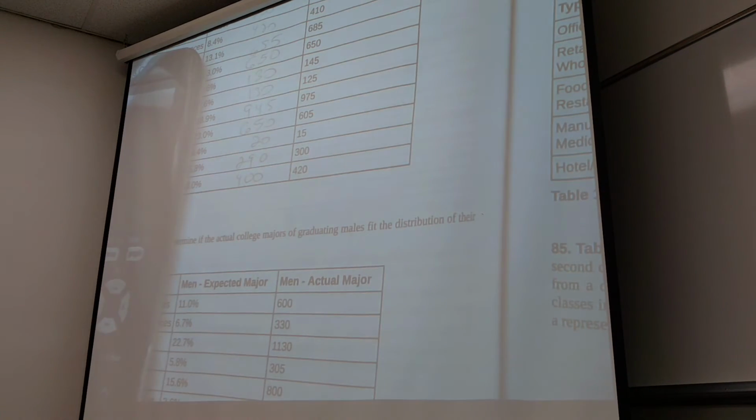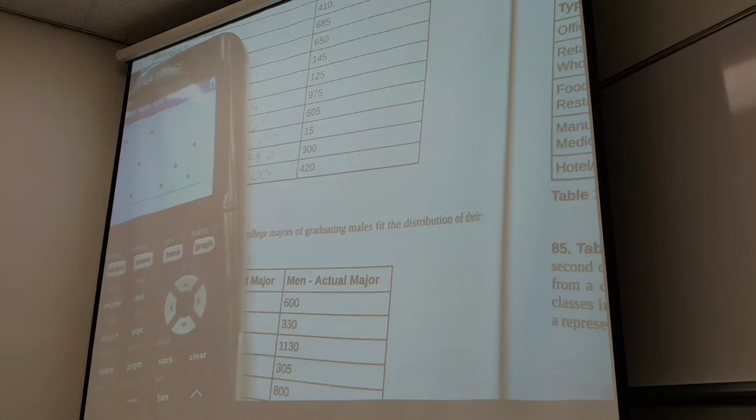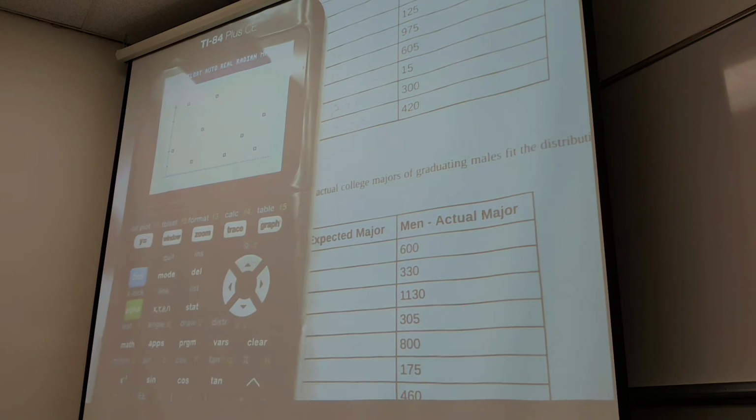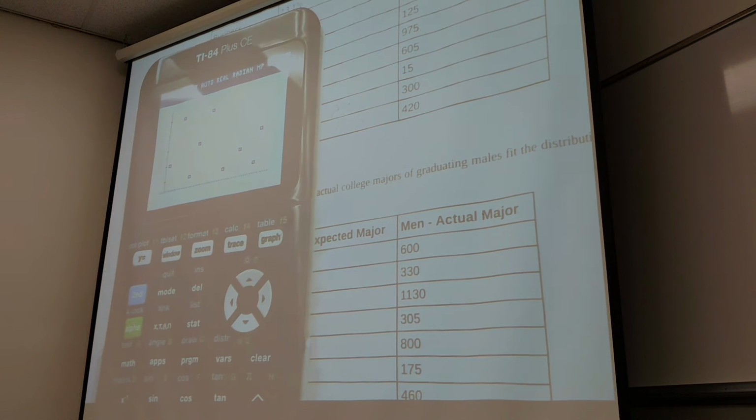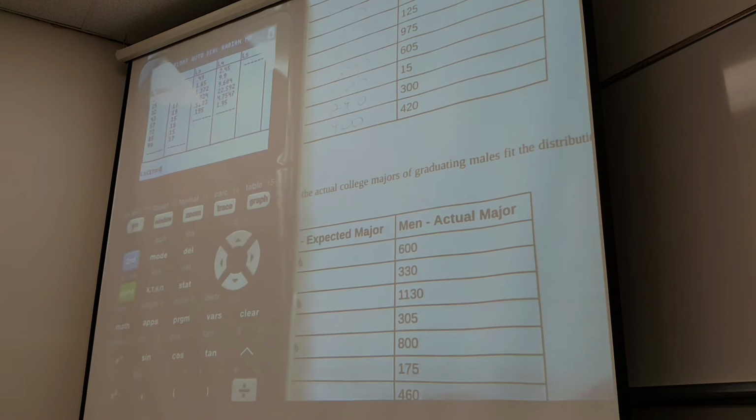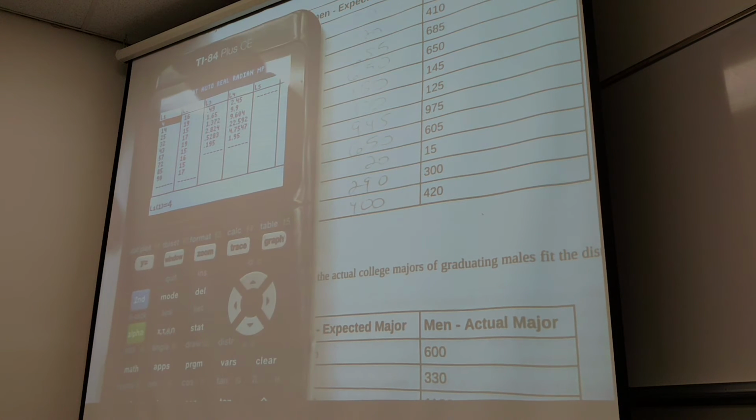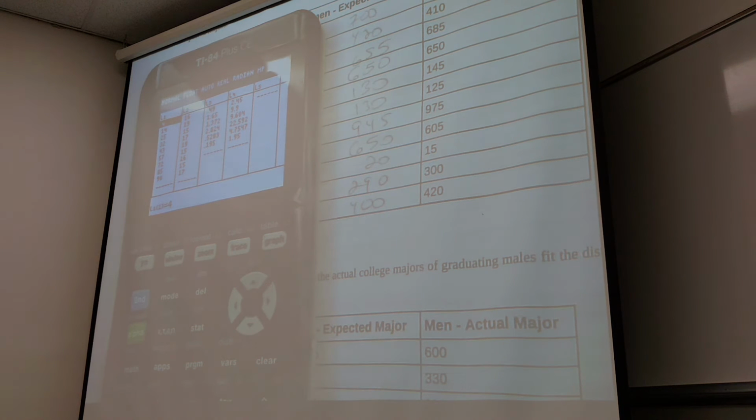Actually, I tell you what. To help me out, don't write too much in your book. You don't have to do this, but just so it's easier for me to do up here, let's put these into the lists.